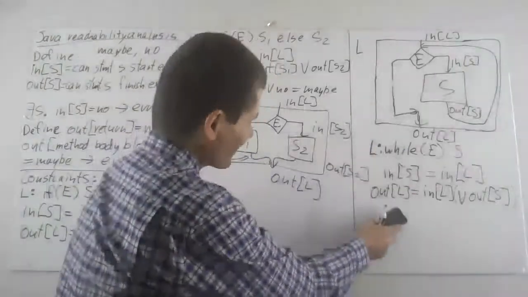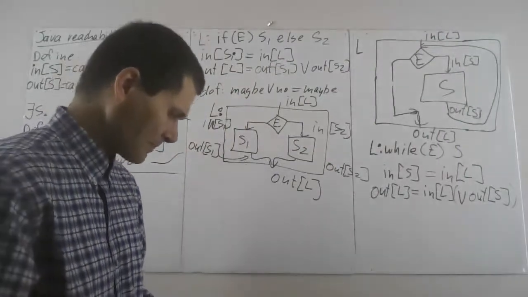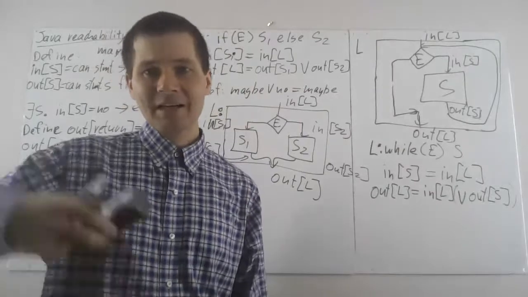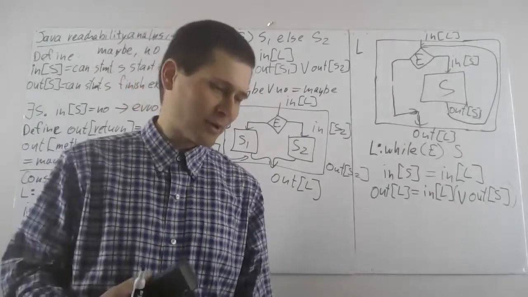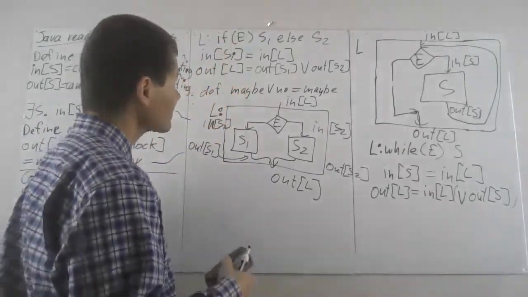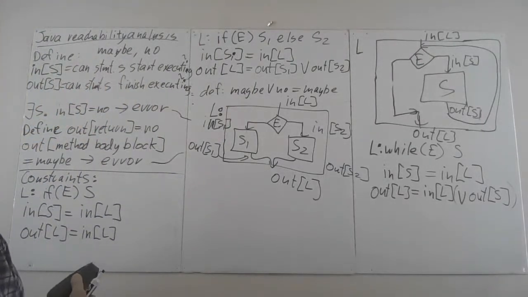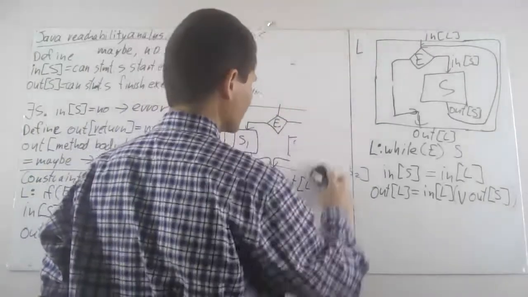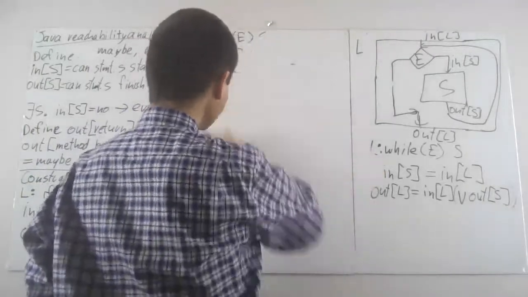Okay, so now we have equations for a while loop, but now you look at the Java spec and it throws an extra wrinkle into all of this. Let me erase the middle here, just so we're in the middle.